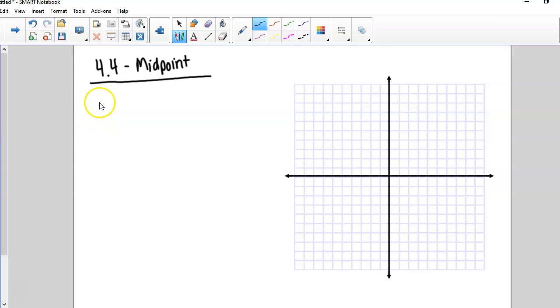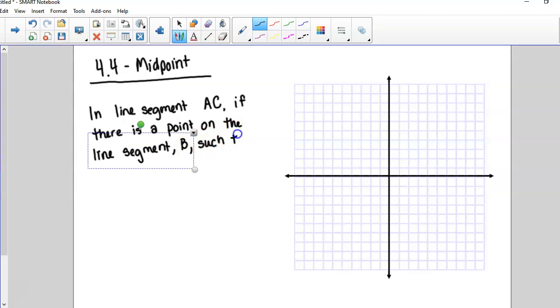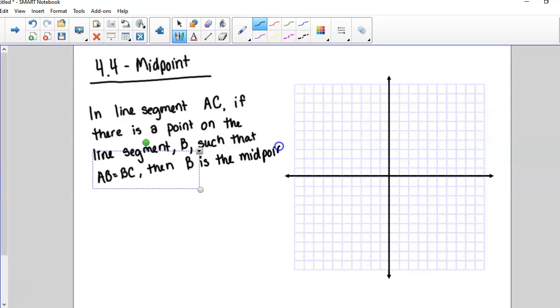To give a more formal definition, we could say in line segment AC, if there is a point on the line segment B such that AB equals BC, then B is the midpoint of AC.